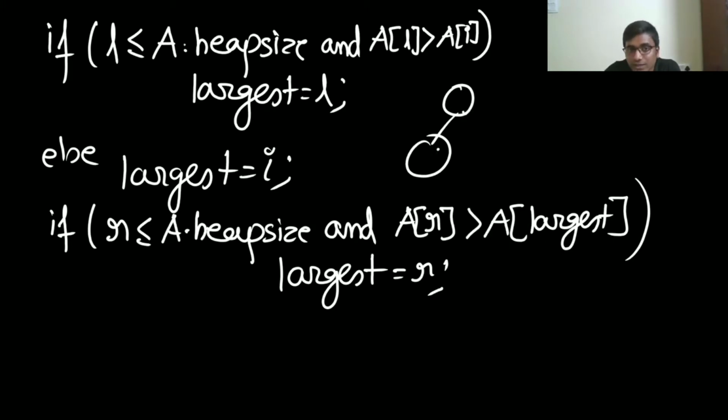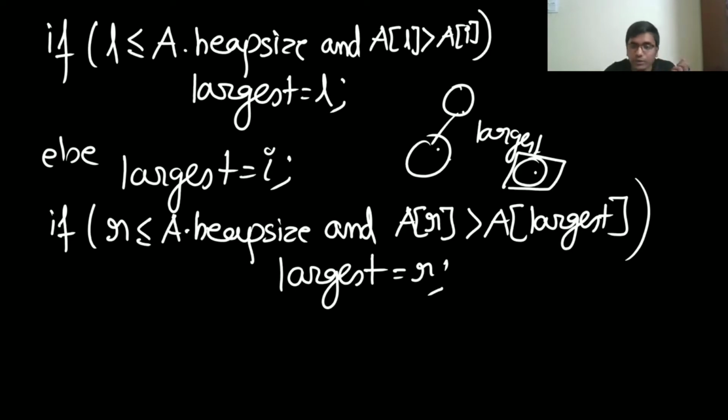See, after running these two pieces of code, we are getting largest equal to either this index or this index. Now with this largest I am checking with the right child. If right child is greater, then largest is going to this, otherwise whatever it was between these two. That's why else part here is not required.